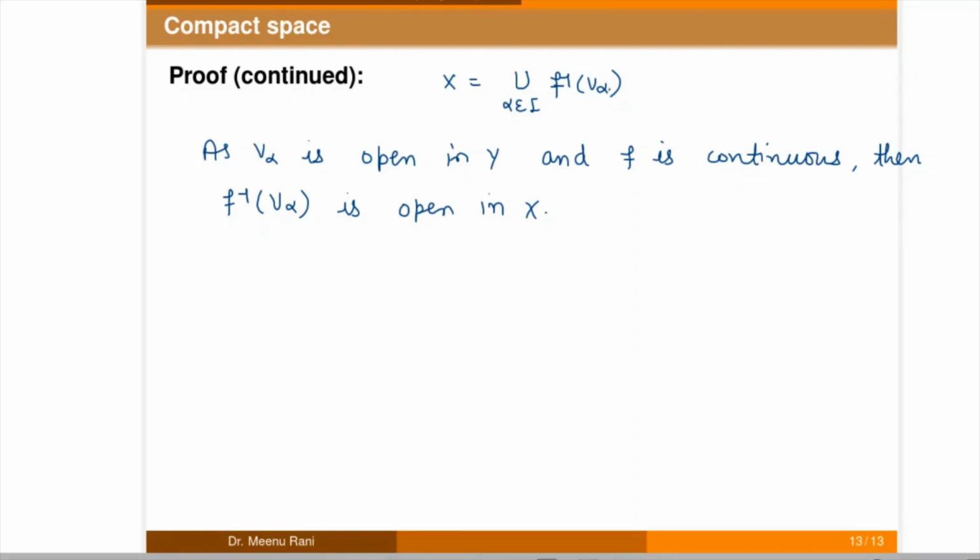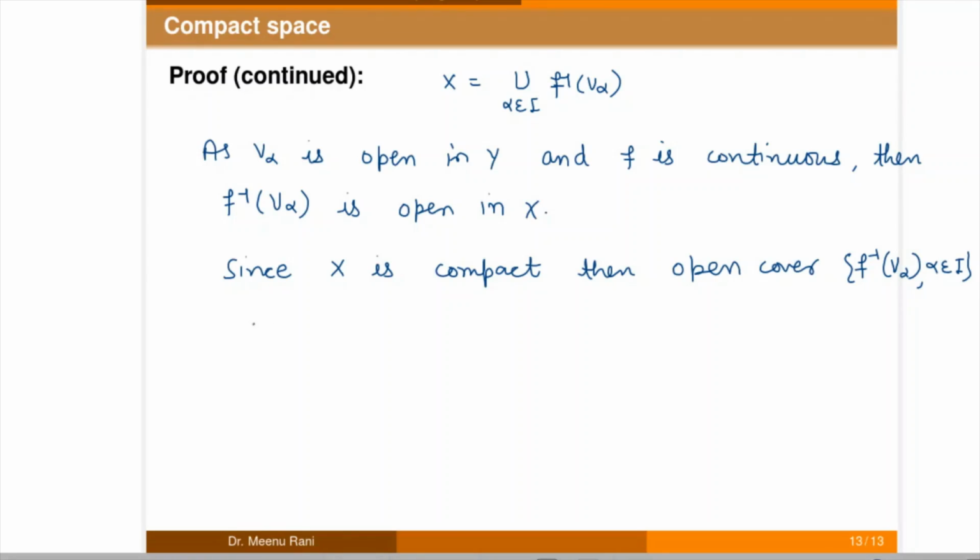Now f inverse of v alphas are open, and it is a collection of open sets in X which covers X. So X is compact, then the open cover, that is f inverse of v alpha, reduces to a finite subcover.